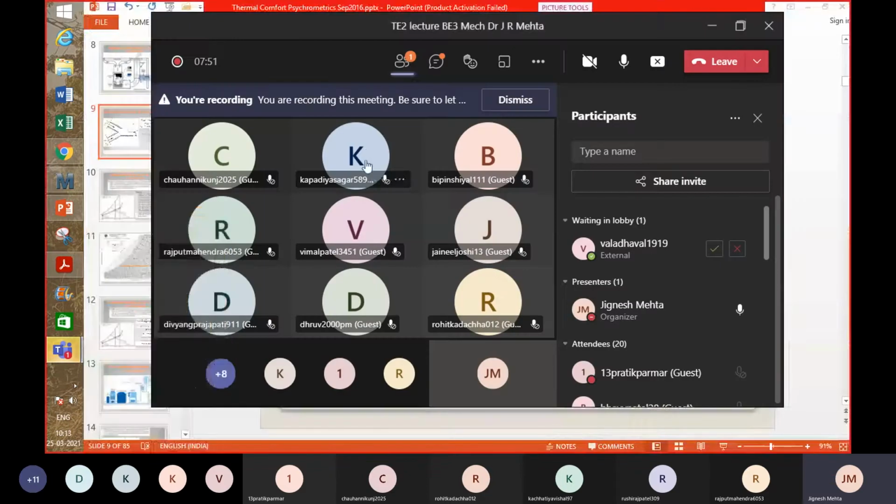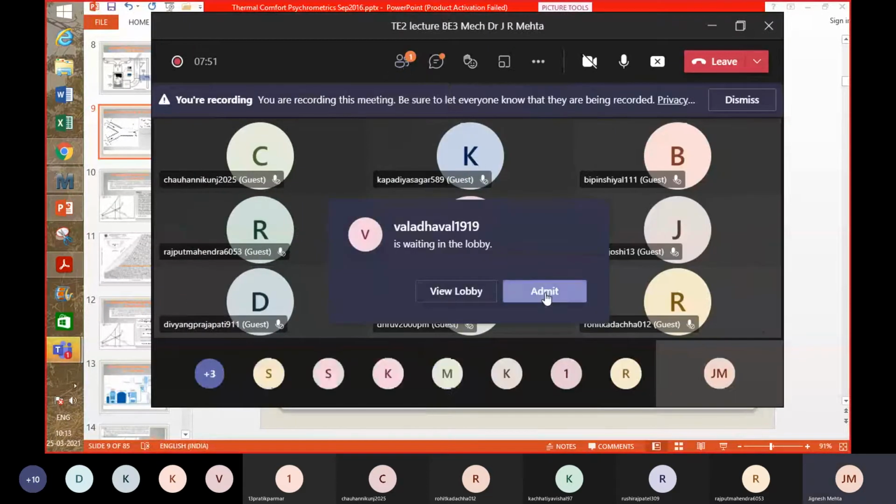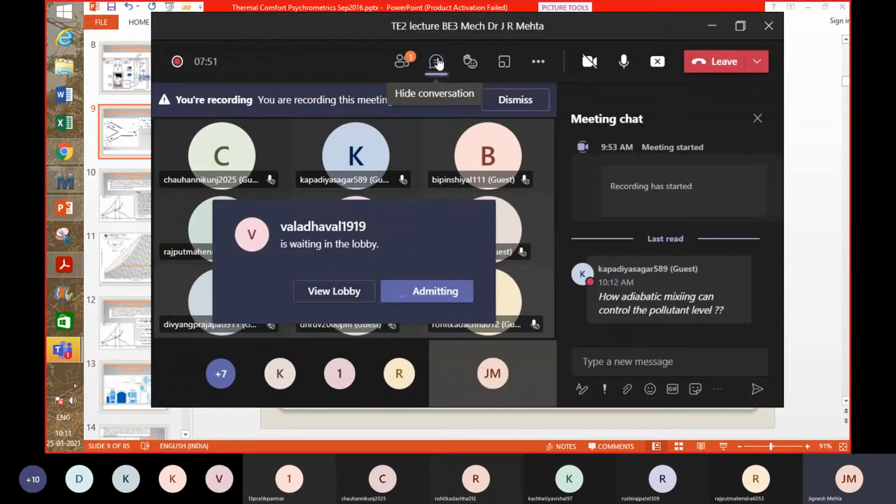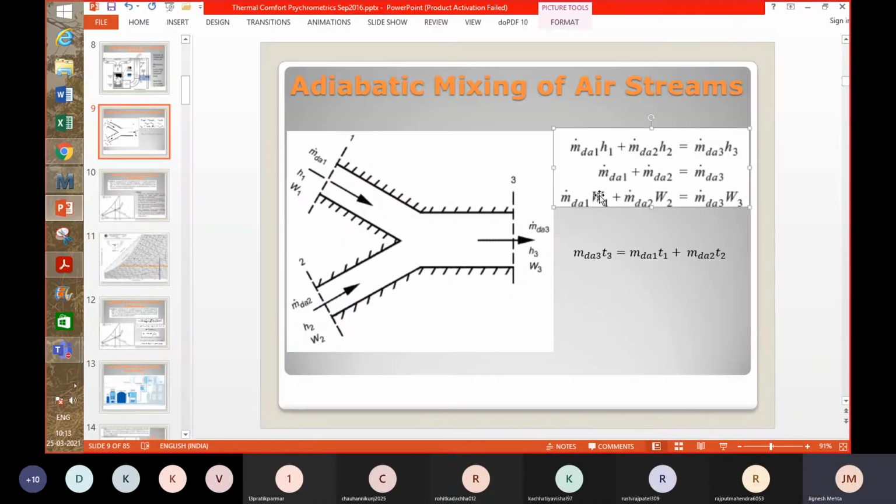Okay, how is it the moisture balance? This is the humidity ratio, right? And you multiply it with the mass flow rate of dry air.